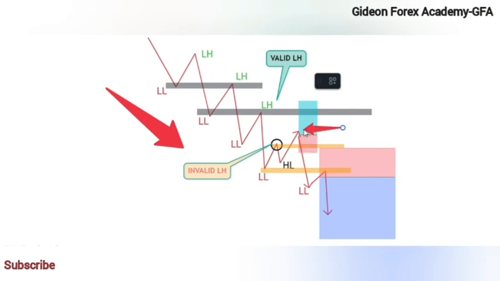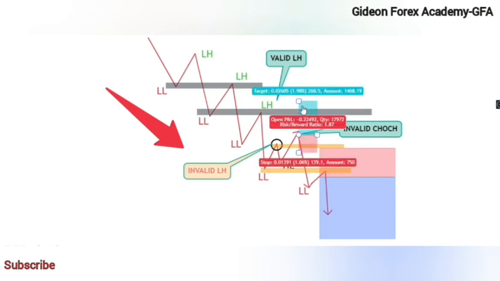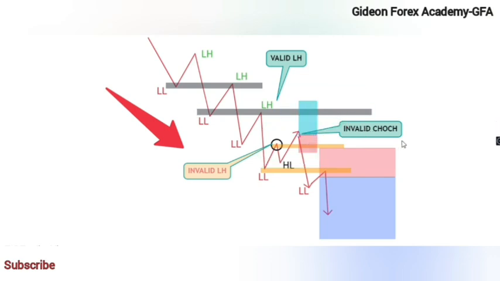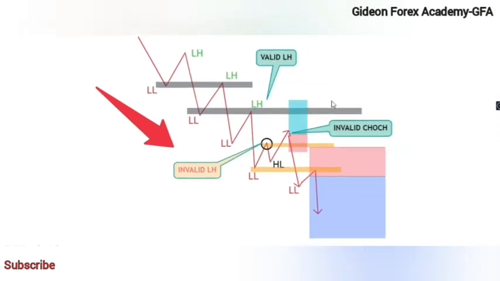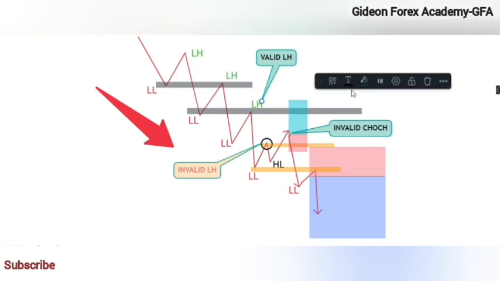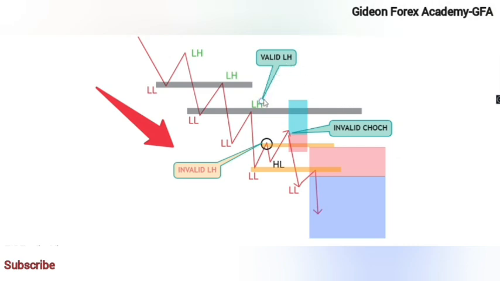here lost this trade because they thought this is a valid change of character, but this was an invalid change of character, okay? So this sometimes happens and it takes traders out. Now, if you wanted a valid change of character to happen, all right, you would wait for the price to take out or to break above the valid lower high.